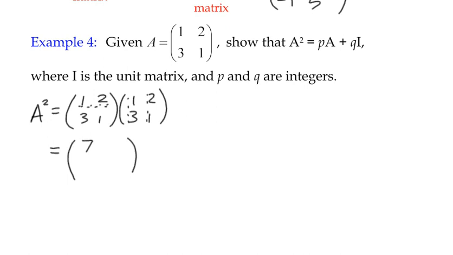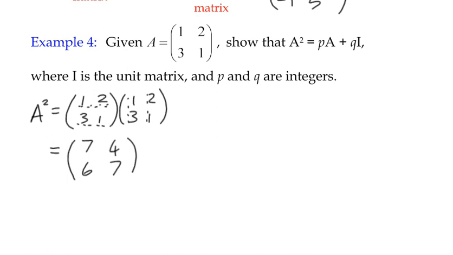First row, second column, 1 times 2 is 2, plus 2 times 1 is 2. That gives us 4. Down on the second row, 3 times 1 is 3, plus 3 times 1 is 3, which is 6. And the last element is going to be 3 times 2 is 6, plus 1, which is 7. If you're not sure about the multiplication aspect, go back and look at the previous examples.